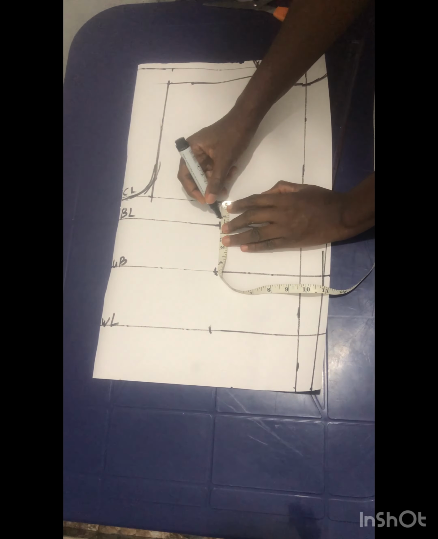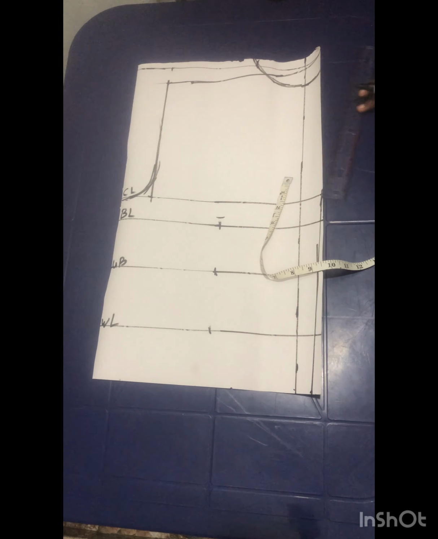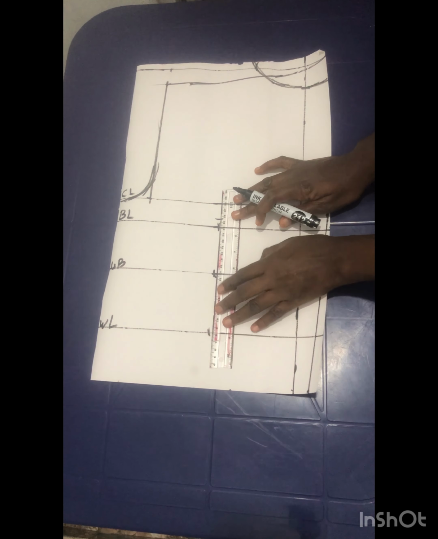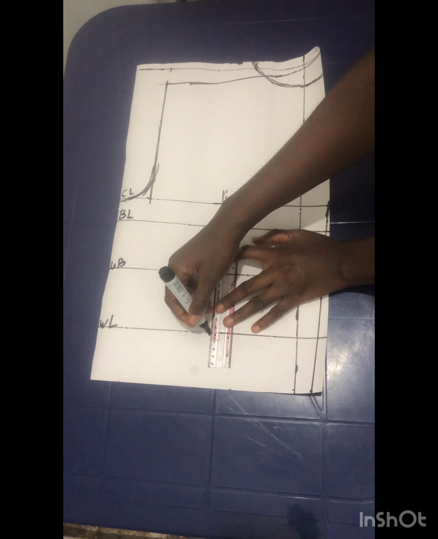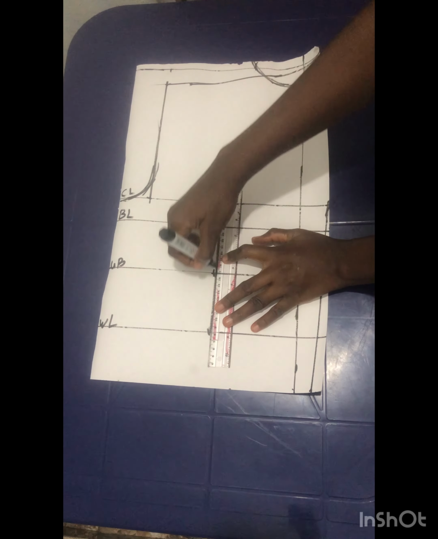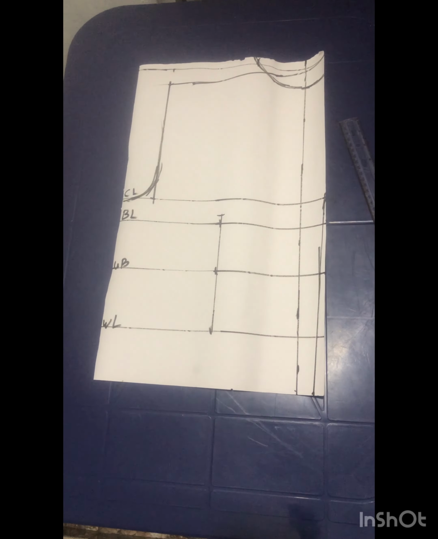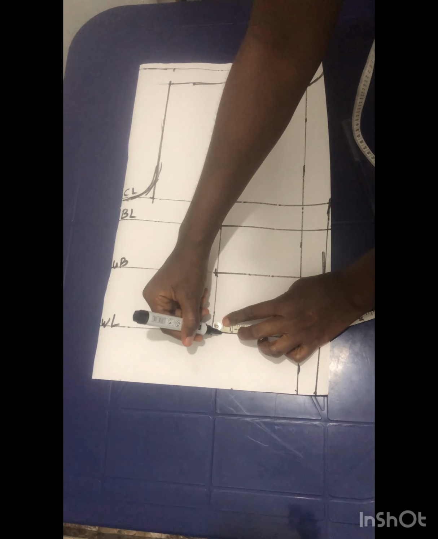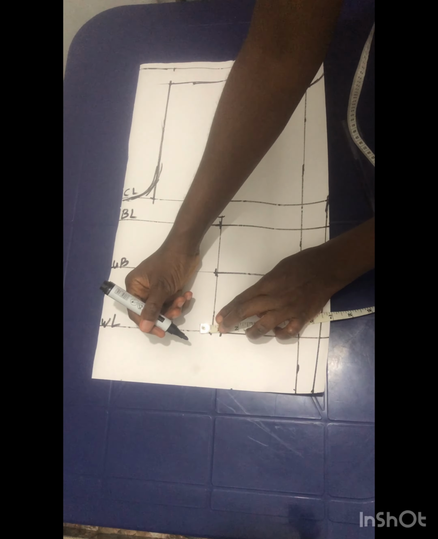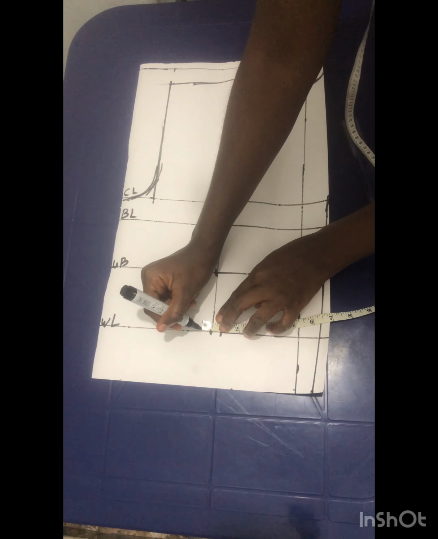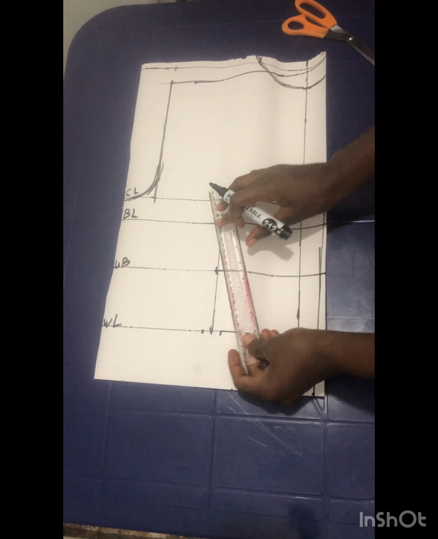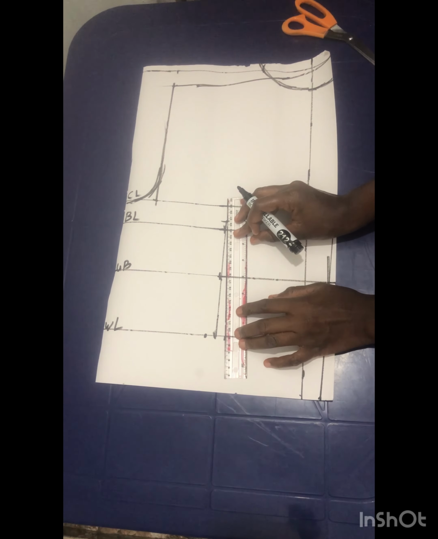I'm going to come up from the bust line by 1/2 inch if you like. Some people make their dart to stop at the chest line for the back. Then I'm going to just come in by 1/2 inch and rule out my dart. And that's basically all for the back piece.